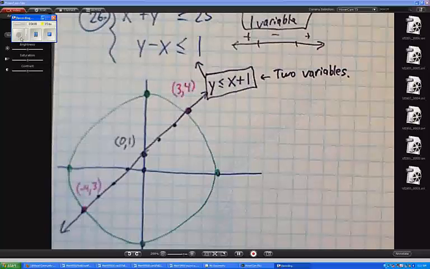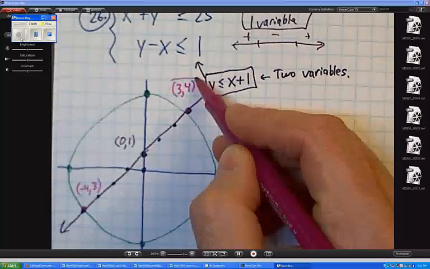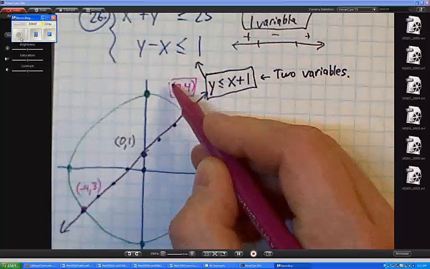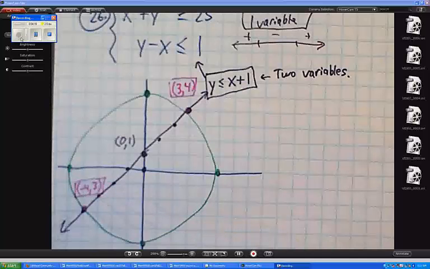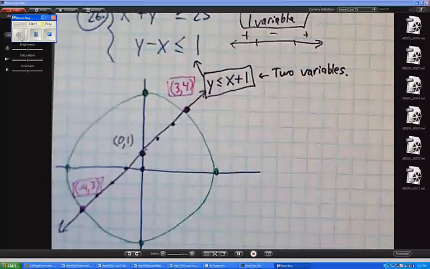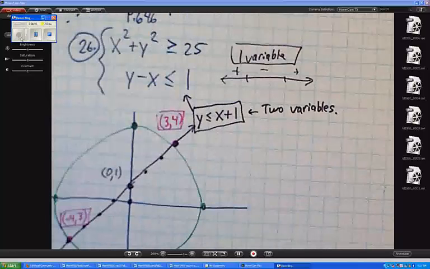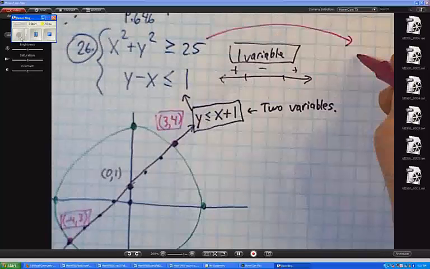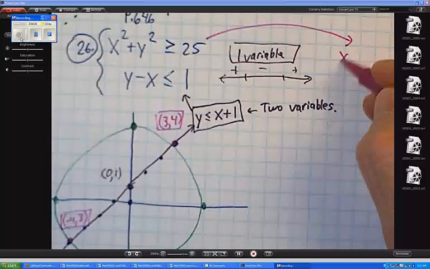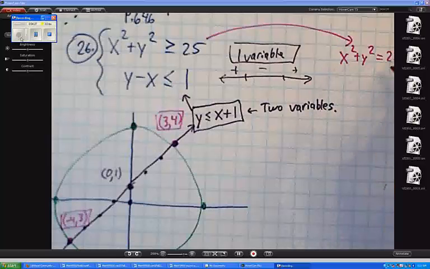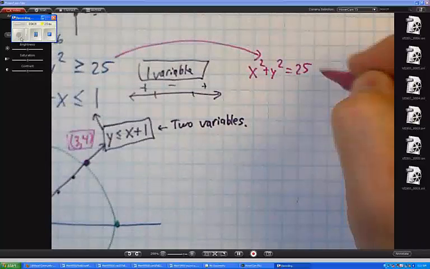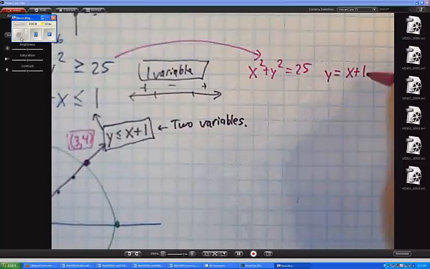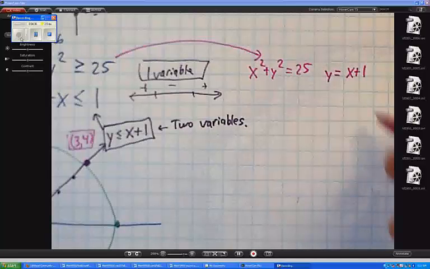You can do that. That's how you could find these points of intersection. You're right. So, yes, how do I know that 3, 4, and negative 4, 3 are the answers? I guess one way to get it would be, and this is what we've been doing, if I'm thinking about the equations, x squared plus y squared equals 25, and then since we know that y equals x plus 1 is that line, like you said, I can substitute in.